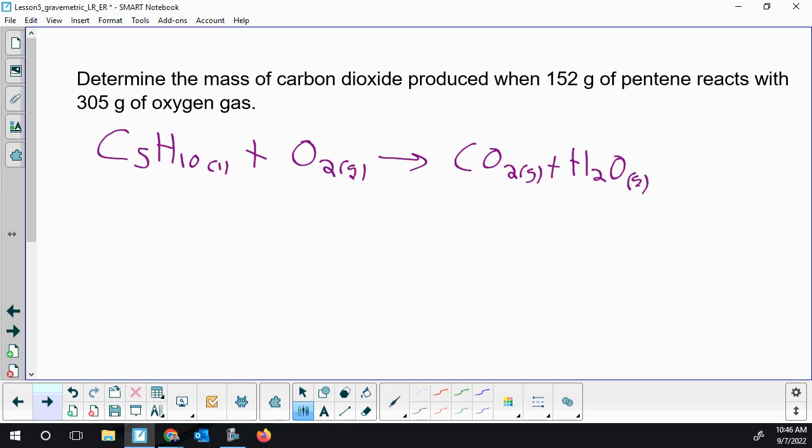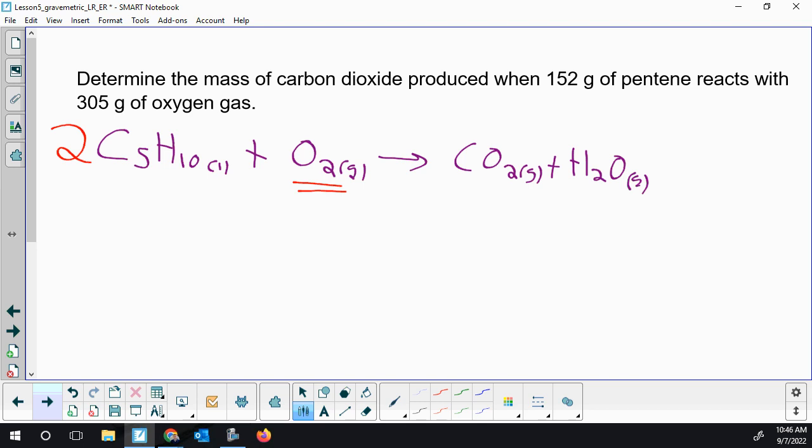Anytime you have a hydrogen count that you divide by 2 and you get an odd number, you're going to want to double your fuel. And that's going to make the oxygen count from the water even. And it's going to let you balance your reaction with even numbers, because you have to have even numbers of oxygen because they come in pairs. So I'm going to double my fuel.